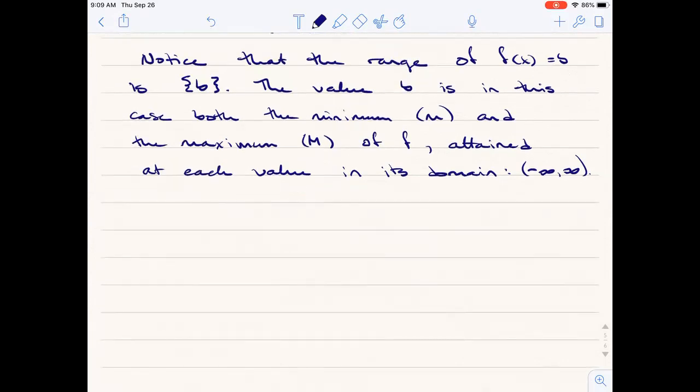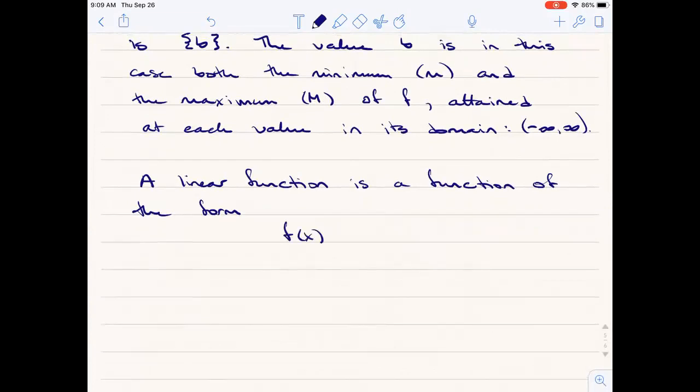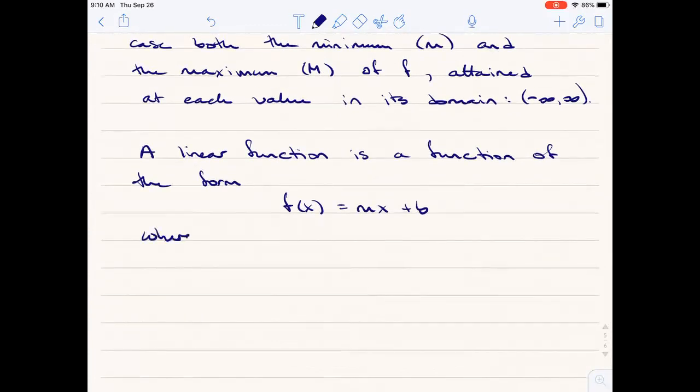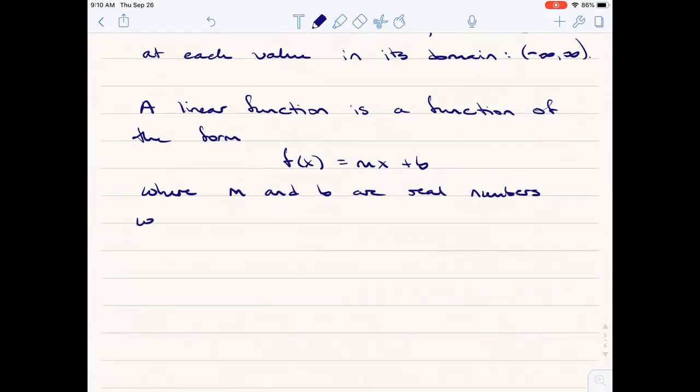And so a linear function is a function of the form f of x is mx plus b, which we already said, but where m and b are real numbers, and to be a linear function, we cannot have the slope be 0 because then we have a constant function, right?